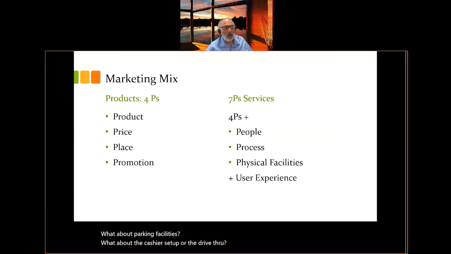So in summary, the marketing mix, we have the 4 Ps: product, price, channel, which is place, communication, which is promotion, and then we have people, process, physical facilities, and I add one more, which is user experience, UX, very important. All right, so that's the marketing mix.